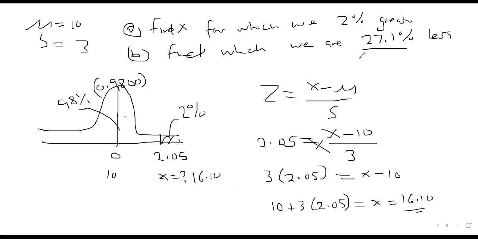Conversely, here we are told for which value of X are we 27.1% less. Okay. So we are going to go on this side here.